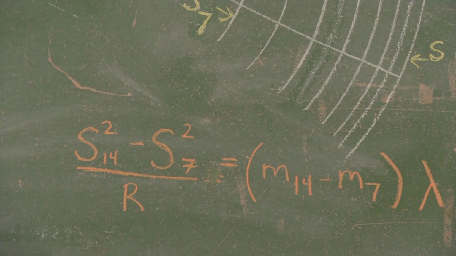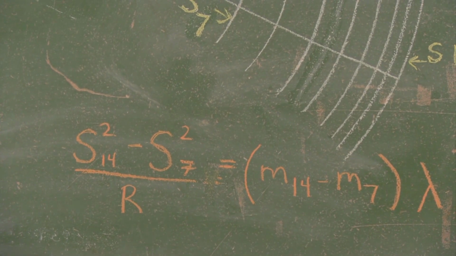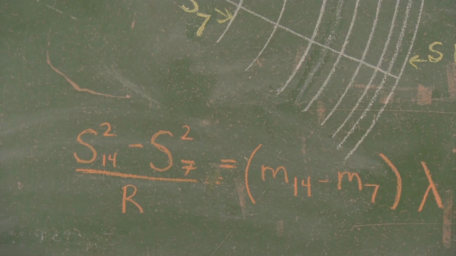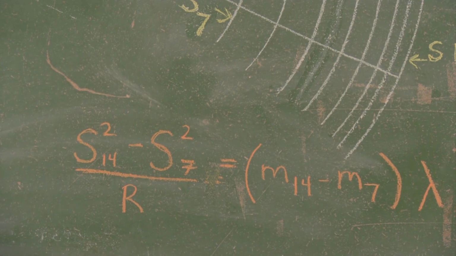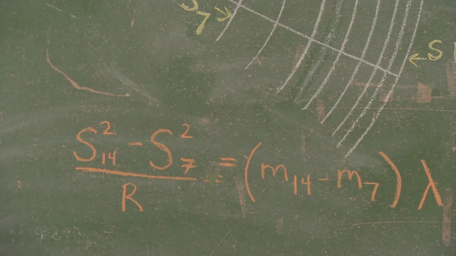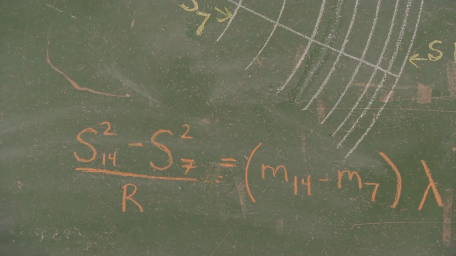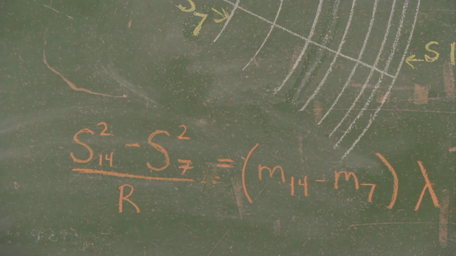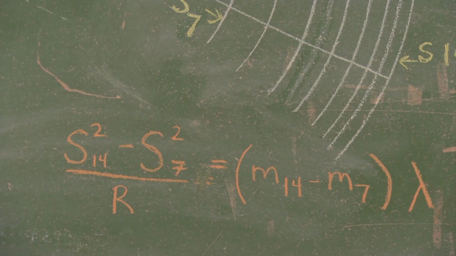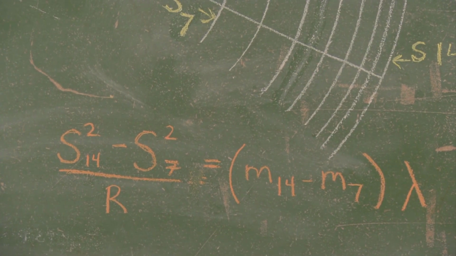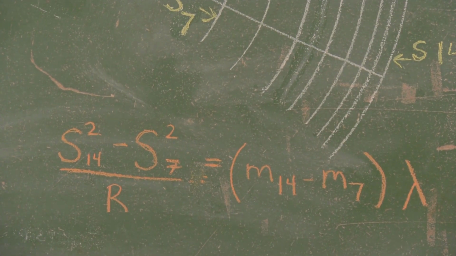The equation is S14 squared minus S7 squared, that is the radius of the 14th ring minus the radius of the 7th ring, both squared, divided by the radius of curvature of the glass piece, that is the term you are solving for, is going to equal order number 14 minus order number 7, which is just 14 minus 7, times the wavelength of the yellow light.